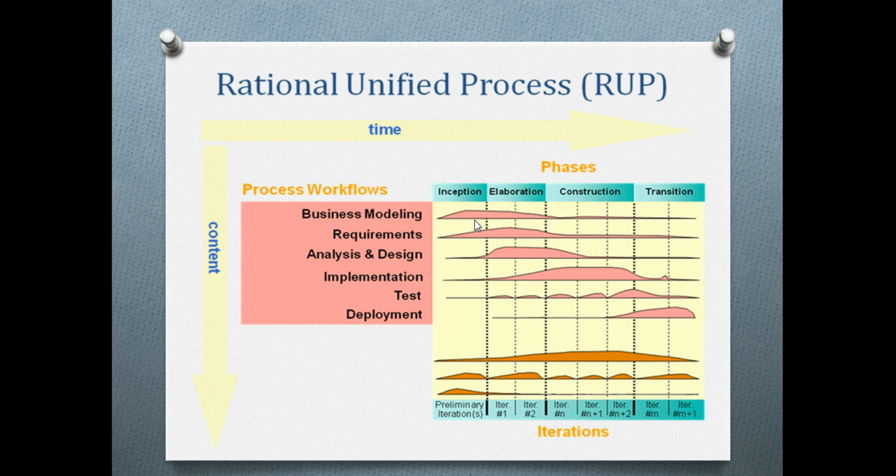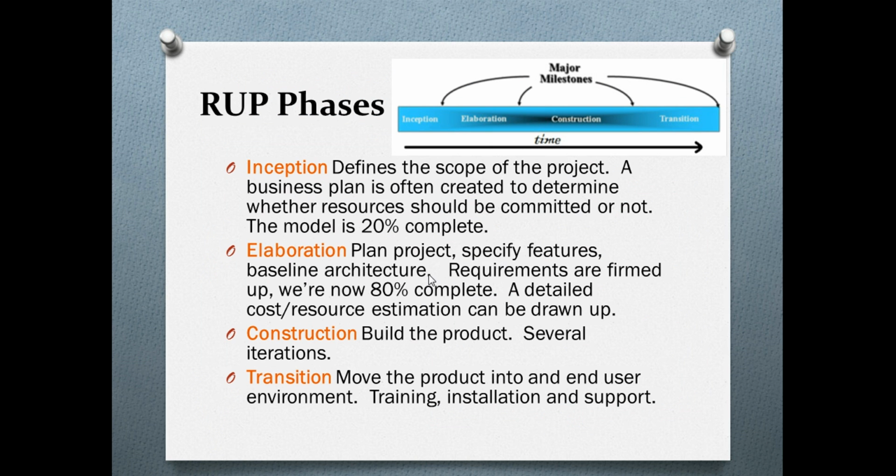We cannot show much of construction and transition, but this is a visual representation where we have to put the proper construction word here, but actually it is 80%. So always remember, by elaboration they want to complete 80%, which means 60% of the work happens in elaboration and 20% in inception, and the rest 20% is done in the construction and transition phases.